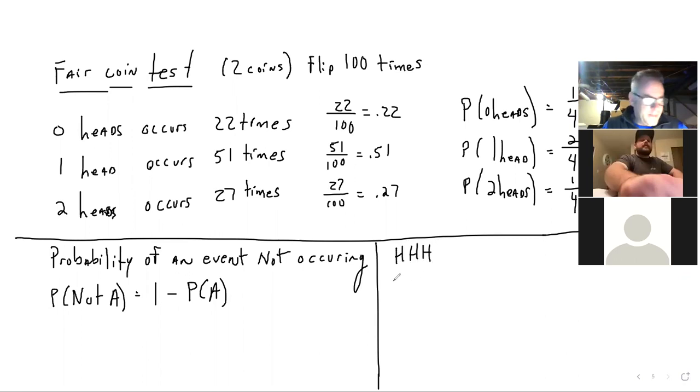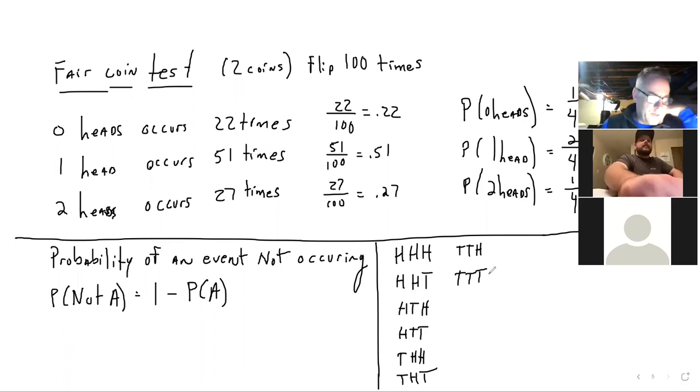It could be head, head, head; head, head, tail; head, tail, head; head, tail, tail; tail, head, head; tail, head, tail; tail, tail, head; and tail, tail, tail. And those are all the 8 possible outcomes.